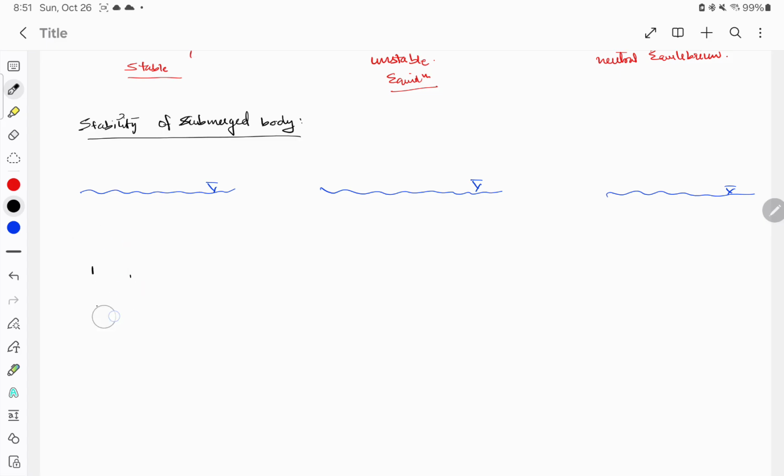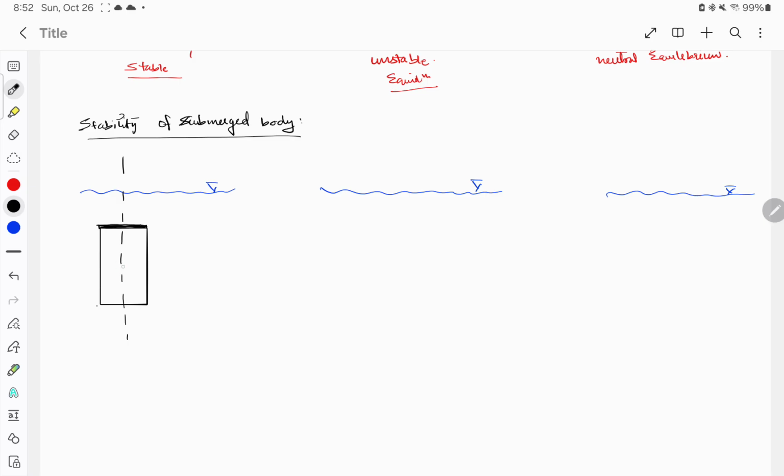So let us take a body, say this is the body. See, this is the body, and this is the central axis of the body. And imagine there is a weight on this body in the top portion. If the weight hadn't been there, then the center of gravity would have been here.